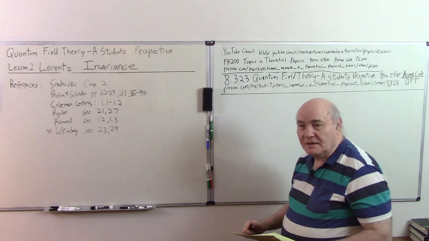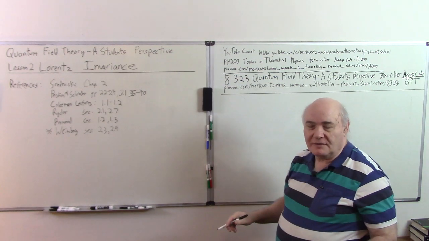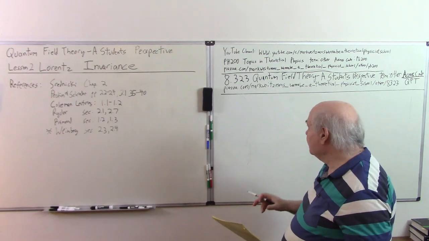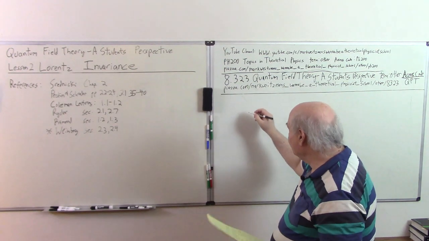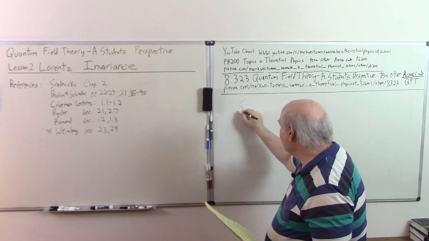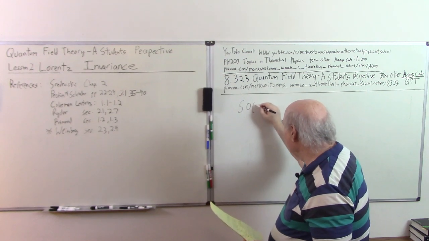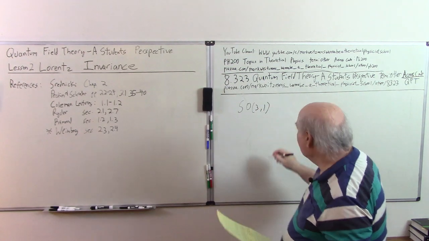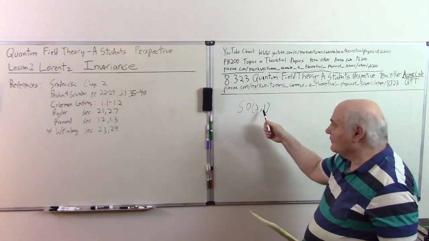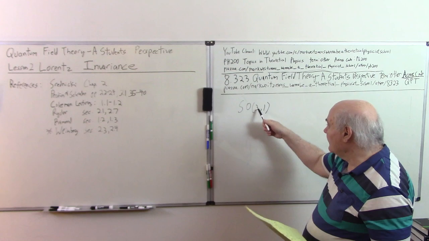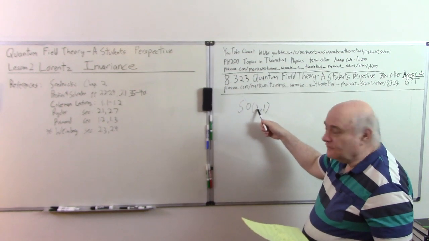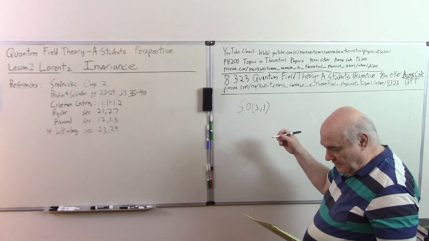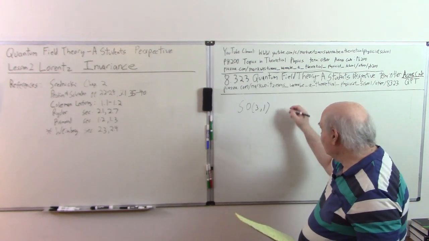Before I get started, as I mentioned, there's a lot of stuff I'm going to leave out on spinors and all that other stuff. Later in the course, we'll get into some good stuff. The Lorentz group is usually represented as SO(3,1). The idea is in 4 dimensions, it's like an orthogonal group, but 3 of the metric elements are positive and 1 is negative. As we'll find out, this is a 6-parameter group.